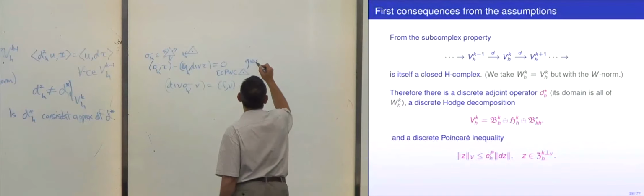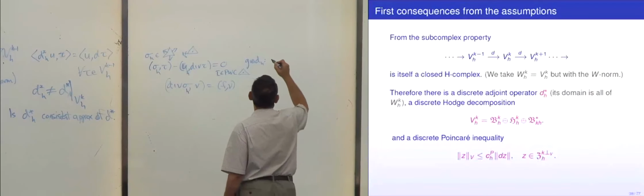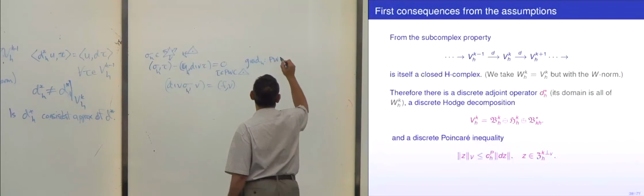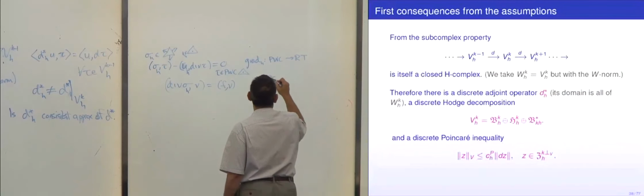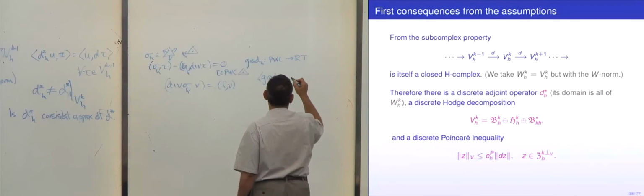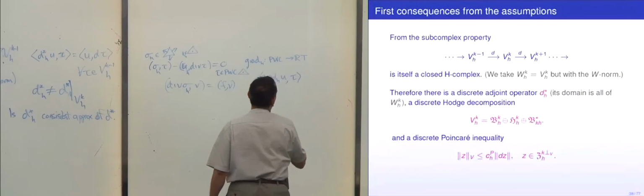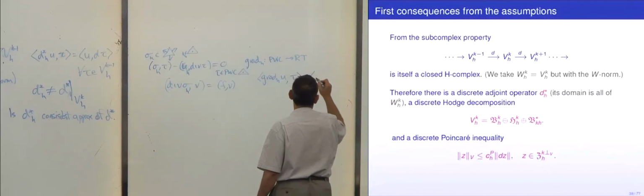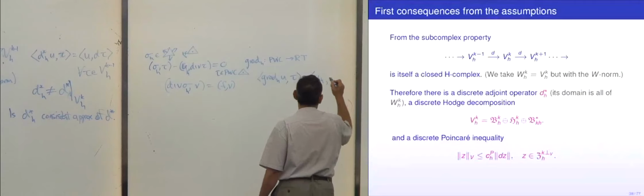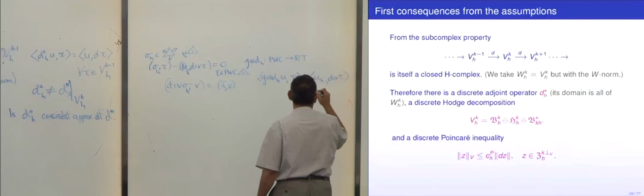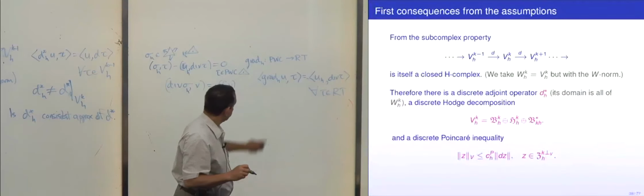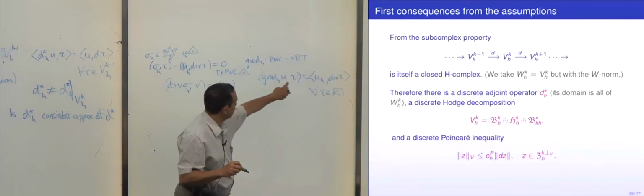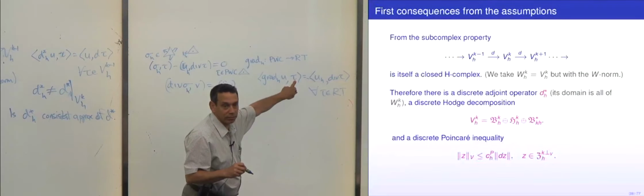And so they said, define a grad_h operator from the space of piecewise constants to the space of Raviart-Thomas vector fields by the L2 inner product of grad_h u with a Raviart-Thomas vector field tau being the same as (u, minus the divergence of tau) for all tau in RT. So of course you can determine something in RT by telling you its inner product with everything else in RT.